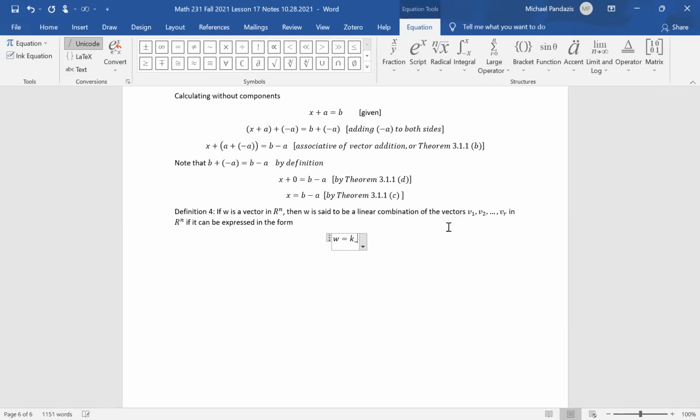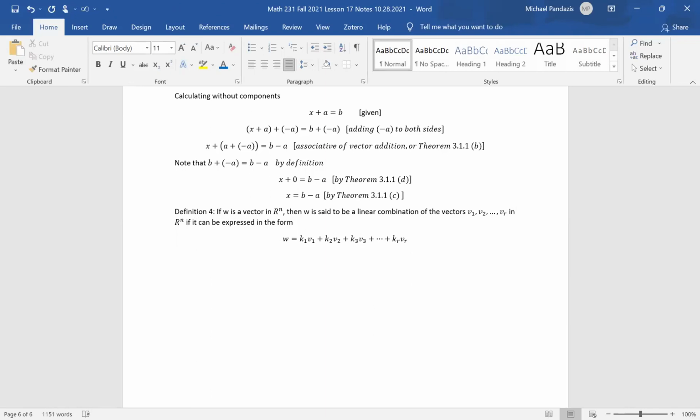And so you're going to write it as k1 v1 plus k2 v2 plus k3 v3 plus dot, dot, dot, plus kr vr. I'm not multiplying by this, I'm just denoting it. In the book it's denoted as 14, so I'm going to use the same number.